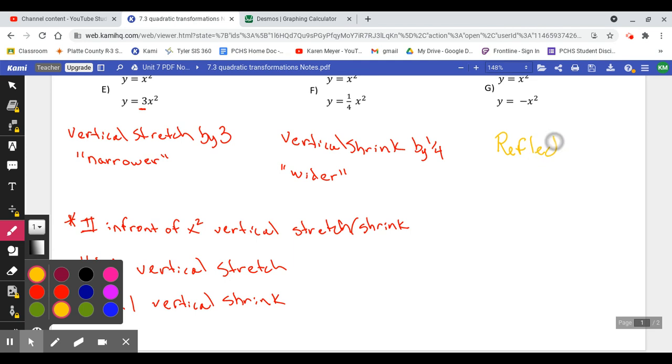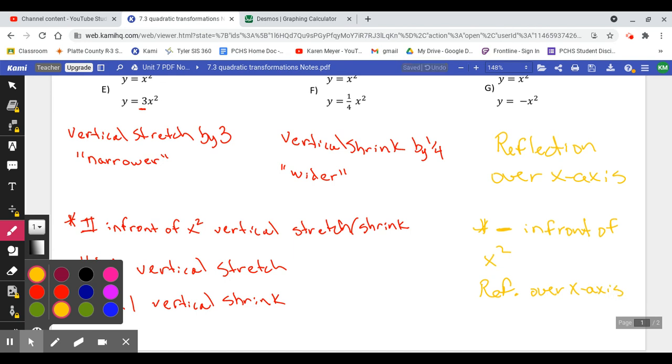So that is a reflection over the x-axis because it looks like you just took it and folded it and flopped it down. Okay, so if you have a negative in front of x squared, then that means a reflection over the x-axis.